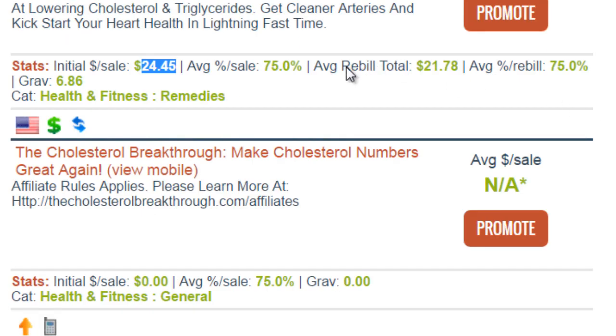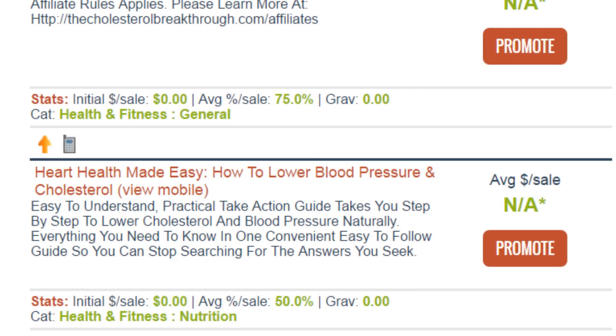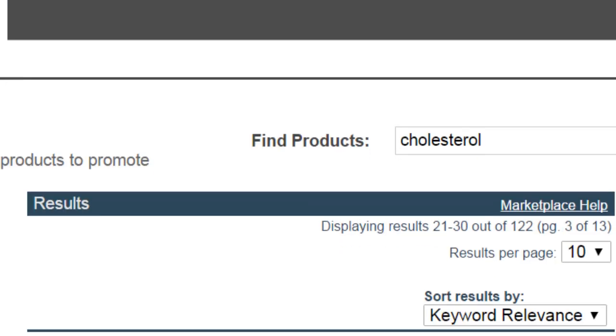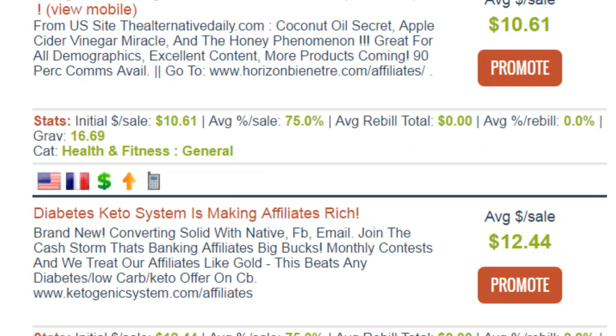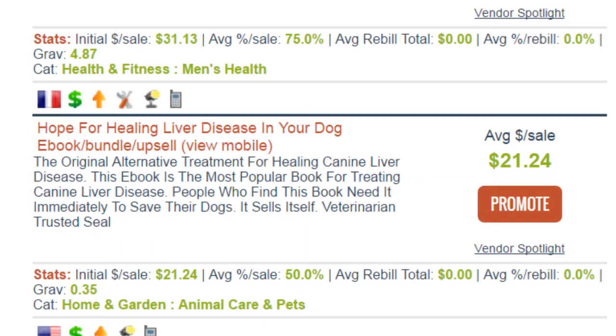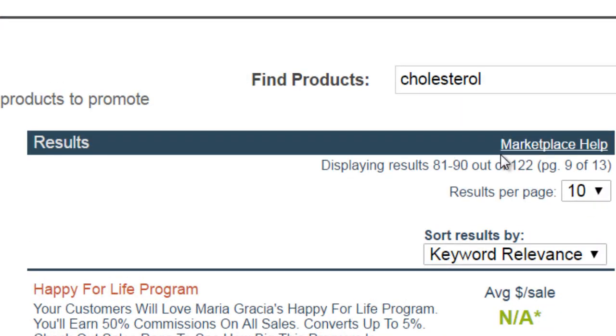And some of these have rebill. So some of these have recurring membership sites attached to it. So if you sell it once, you can get paid over and over again over the course of a few months. So what we're trying to do is just glance really quick. You don't have to buy anything right now. Just kind of get an idea. Are there actually affiliate products out there that we can sell and promote and get a commission? And we can see that there is indeed 122.